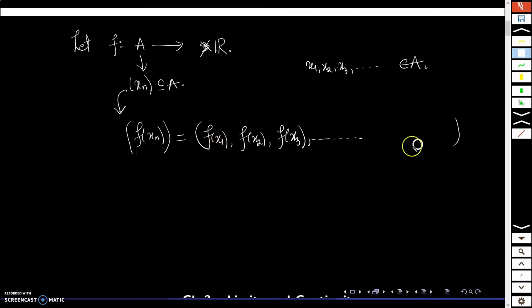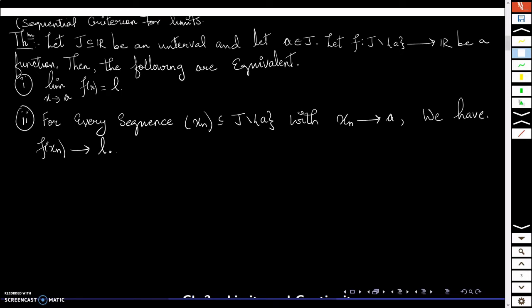It is denoted by f of xn. With this understanding, I will move on to the sequential criterion for limits.